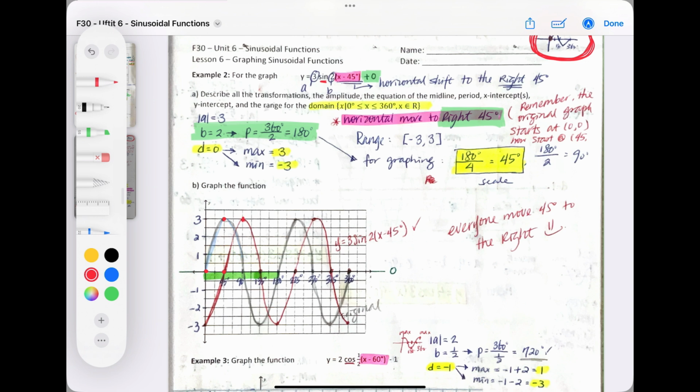So therefore, by the counting, it's right here. Original point was right here, but now I need to move that to here. Original was right here, but I need to move that to the right side 45 degrees. So pretty much you got the idea. Everything will move to the right side 45 degrees. So I just keep my point moving.